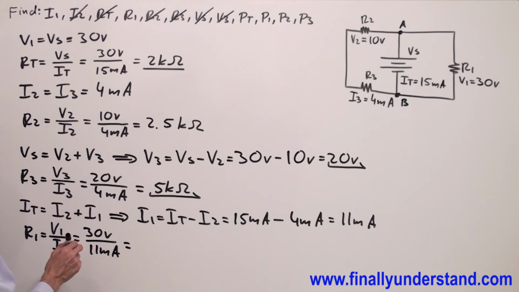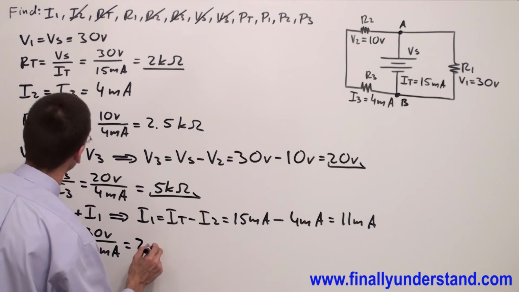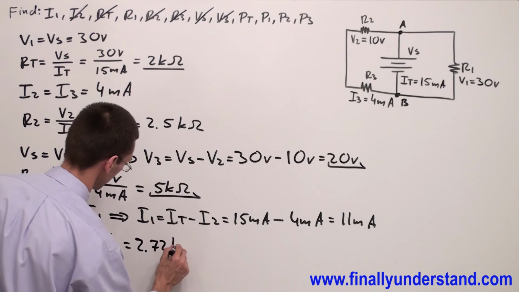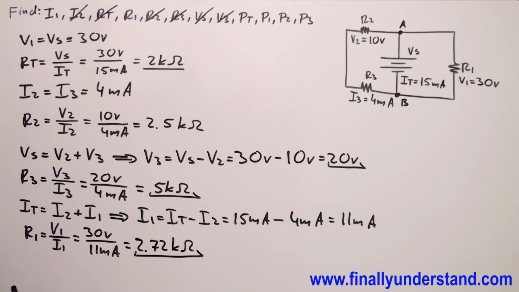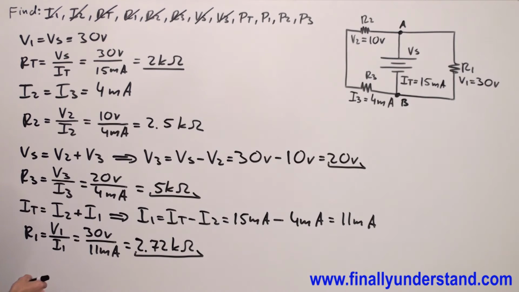This is equal to 2.72 kiloohms. Okay, so this is the resistance of resistor R1. So we found I1 and we found R1.